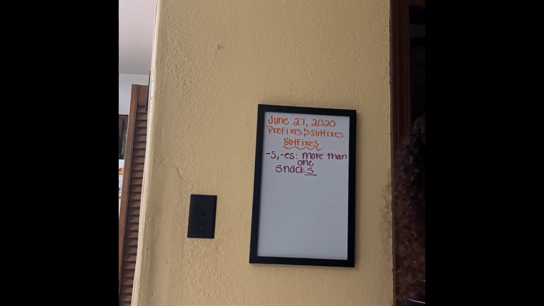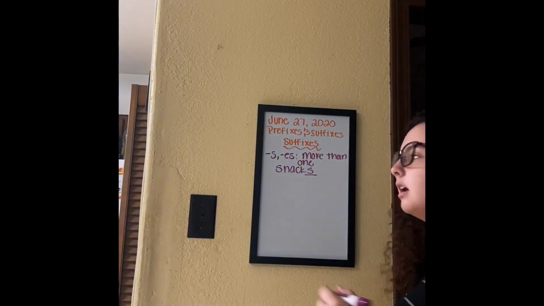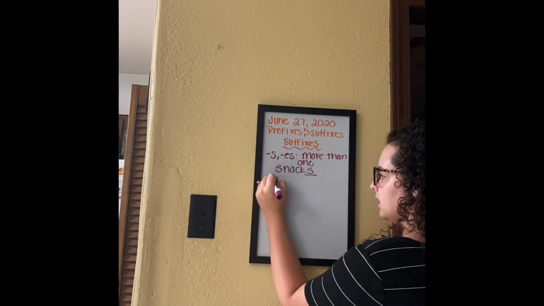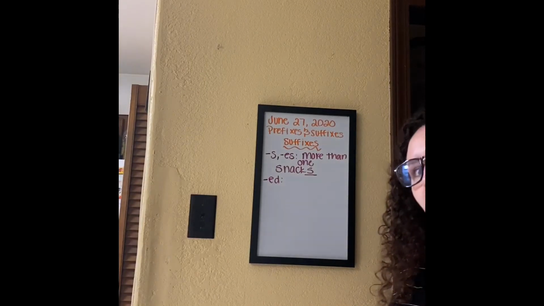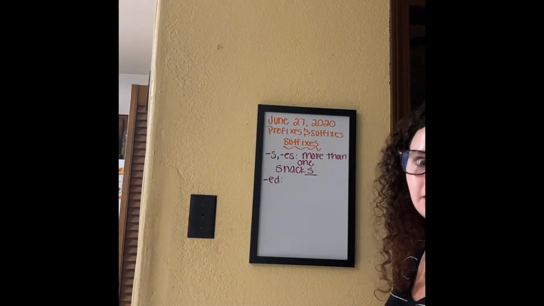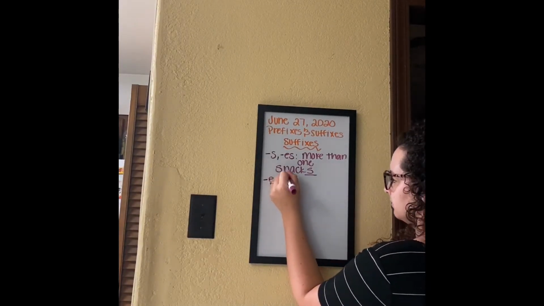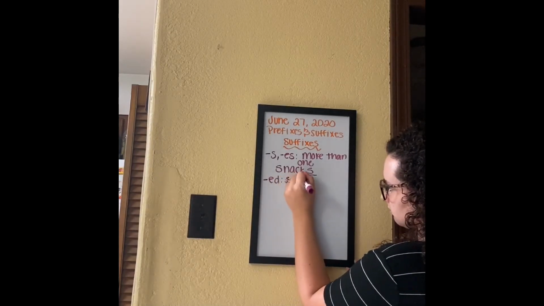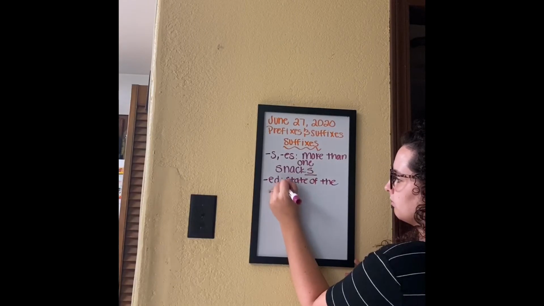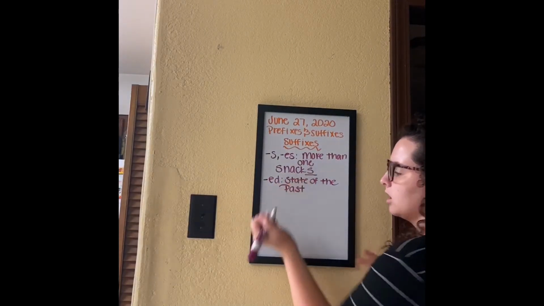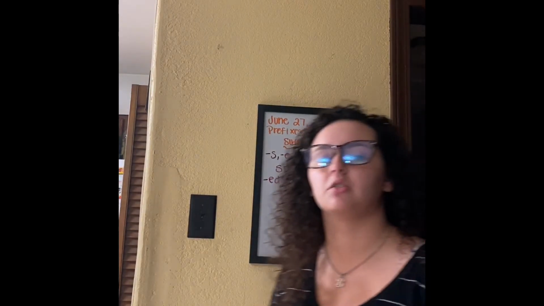And then our next one is going to be ED. So ED. This means a state of the past, so it's behind us. We don't do it anymore. We did it, right? A good example for this one is what did y'all do yesterday?